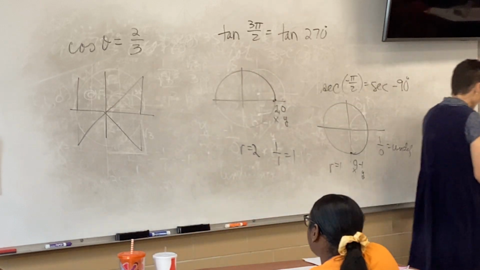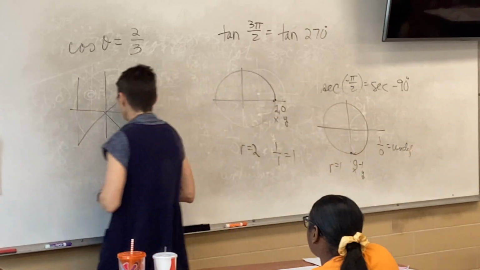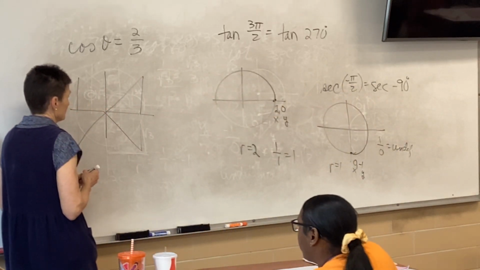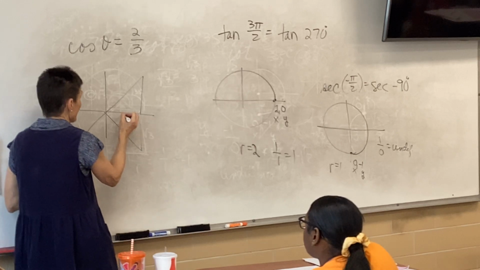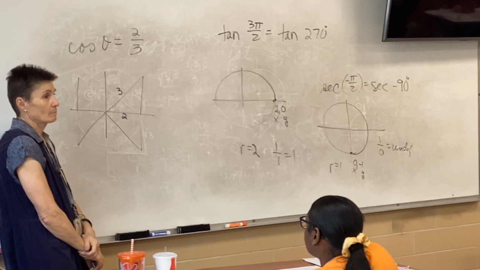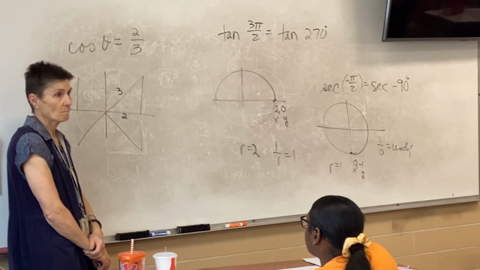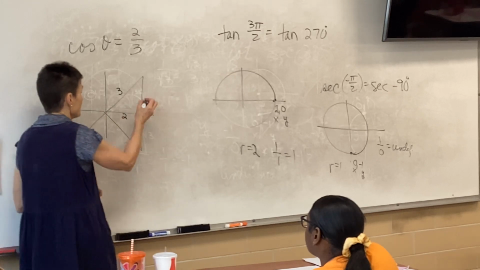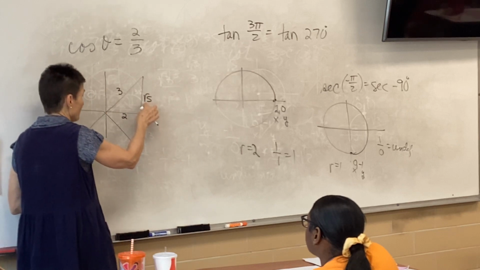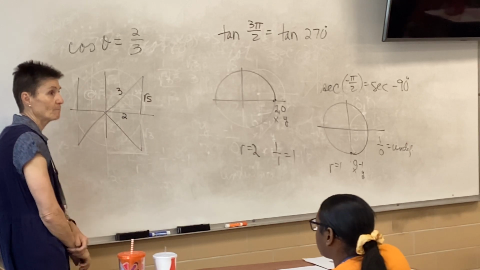We gotta figure out where will the cosine be positive 2/3, but the tangent will be negative. Could the cosine be positive 2/3 in quadrant 1? Yep, but will the tangent be negative up there? No, because this would be √5 and the tangent would be positive √5 over positive 2. Okay, so that quadrant doesn't work.